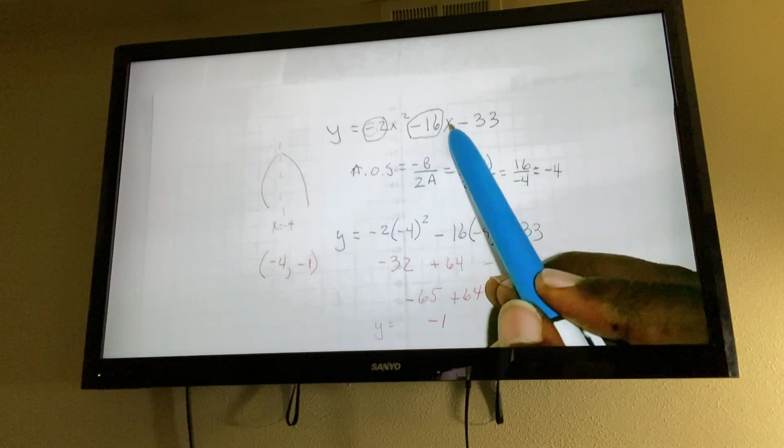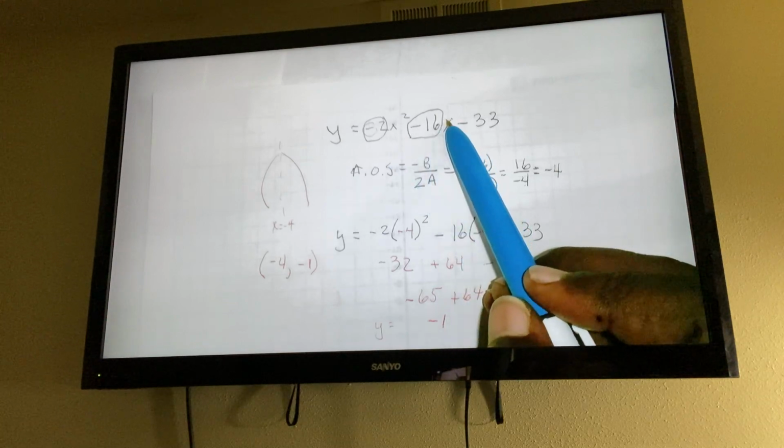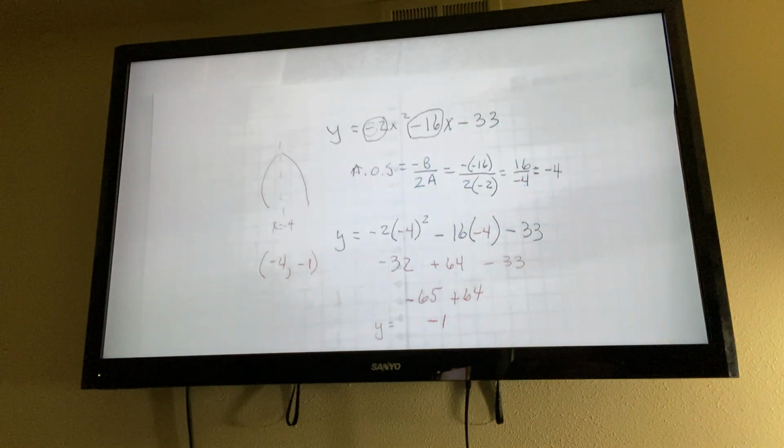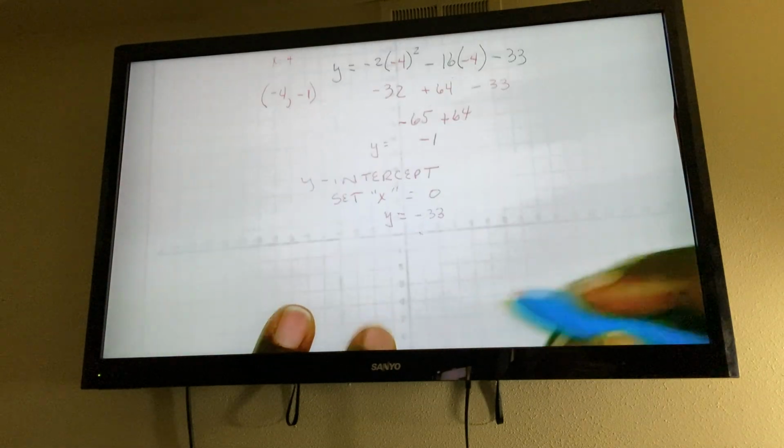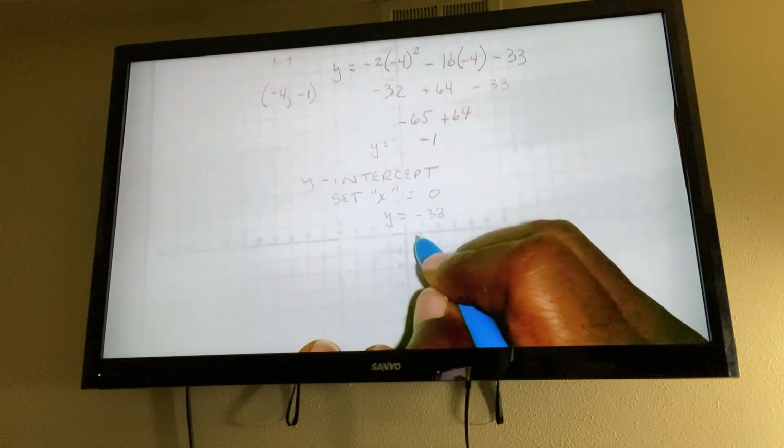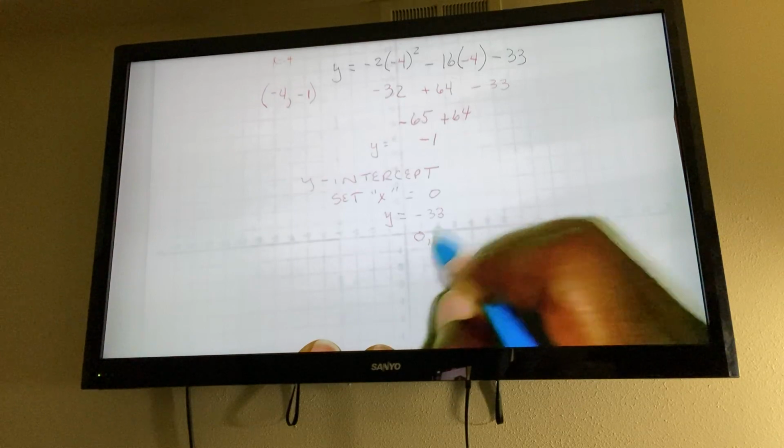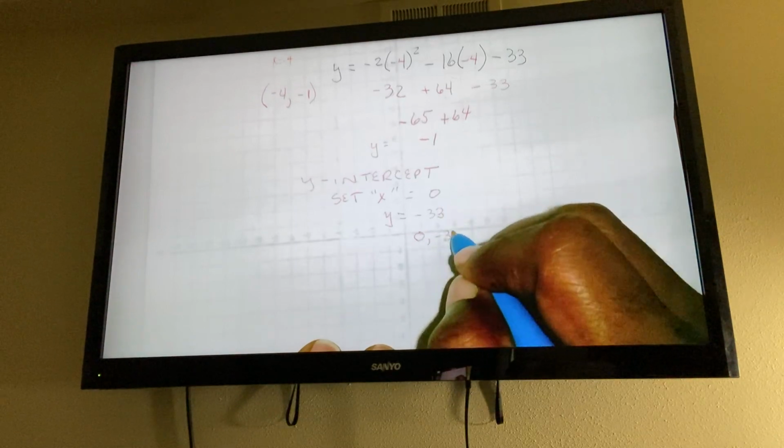We set x equal to 0 here, that cancels out. So we're left with y equals -33. So our y-intercept is 0, -33.